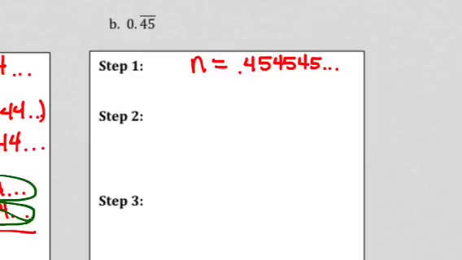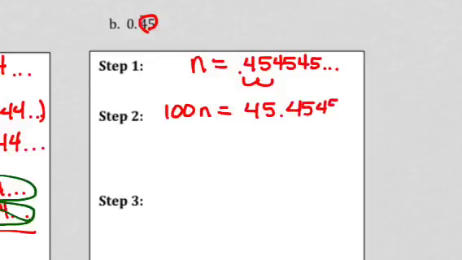I choose 100 because there are 2 digits under the repetend, so I multiply by 2 zeros in that number, so 100n, which means I move this decimal point 2 places over. So I get 45.4545, etc.